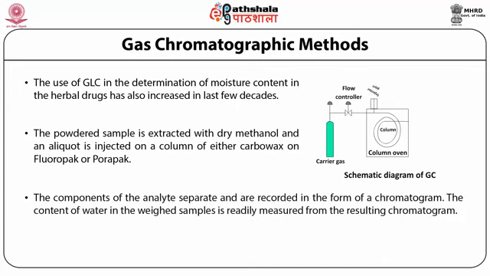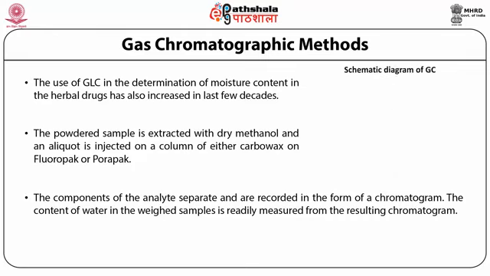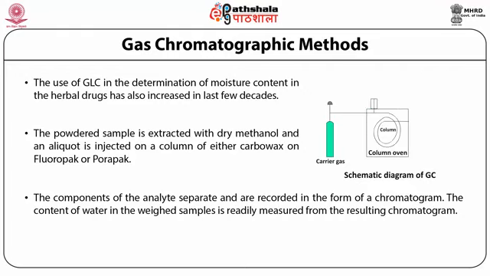The components get separated and are recorded in the form of a chromatogram. The content of water in the already weighed samples can be readily read out from the resulting chromatogram. This method is used extensively nowadays for the determination of moisture content.